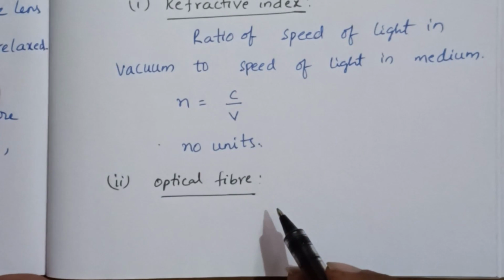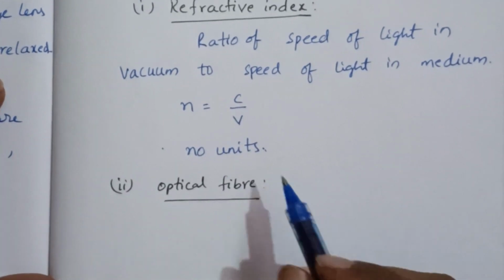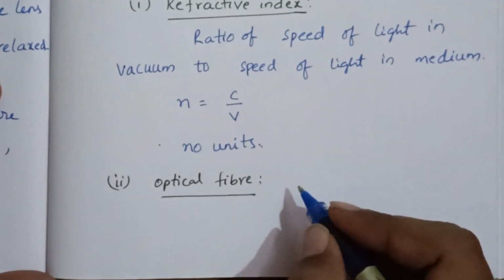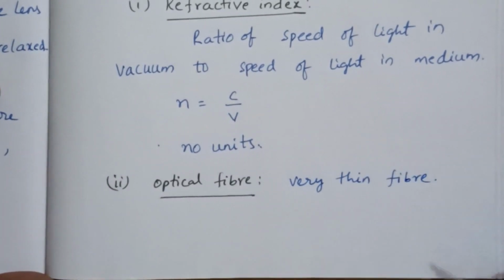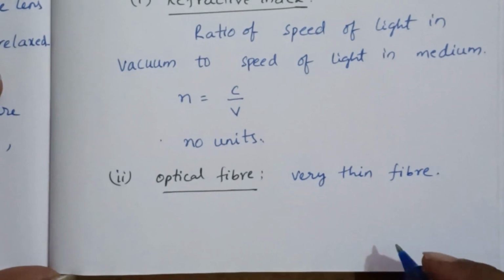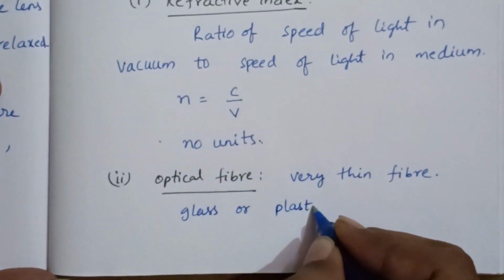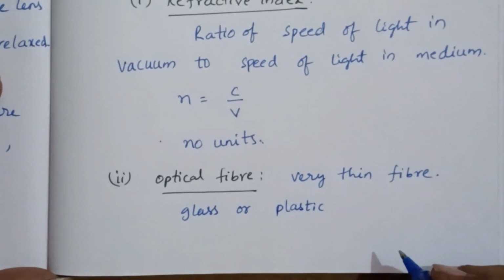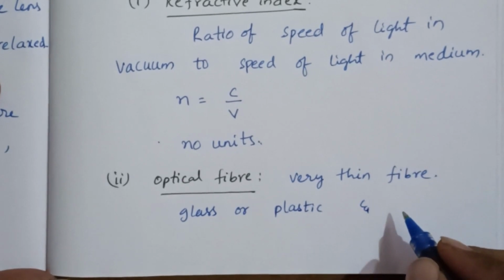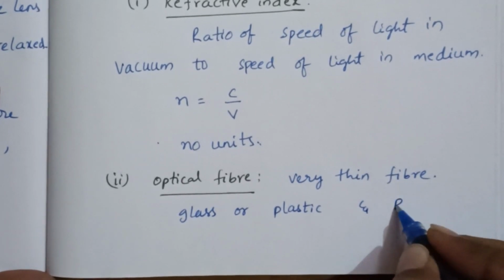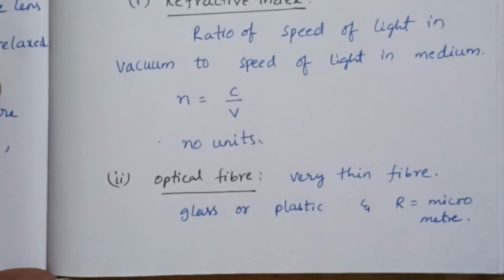Second one is optical fiber. Explain about optical fiber. Optical fiber is a very thin fiber made with glass or plastic, having a radius of about a micrometer.